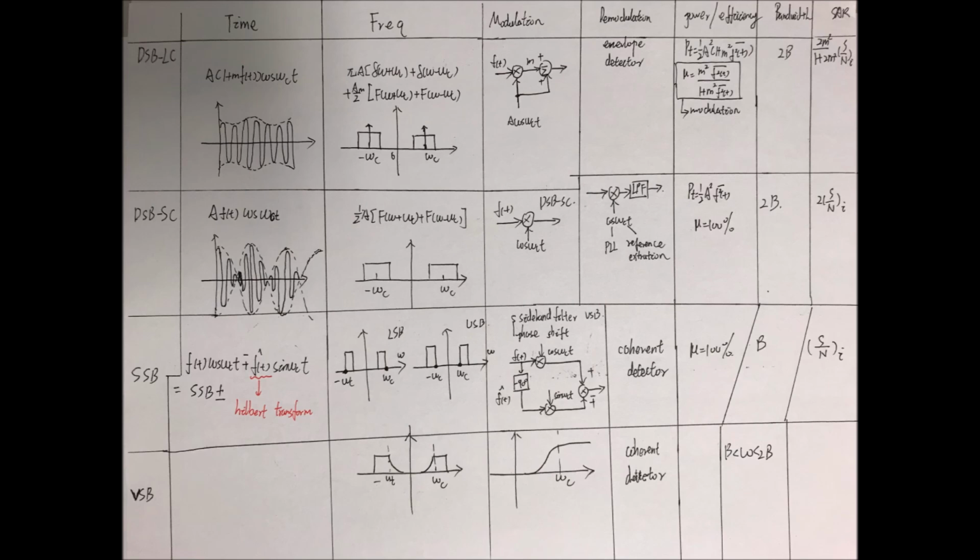The signal goes to my receiver. We have to go through a coherent detector or coherent demodulator. So mix, then low pass filter, two steps.